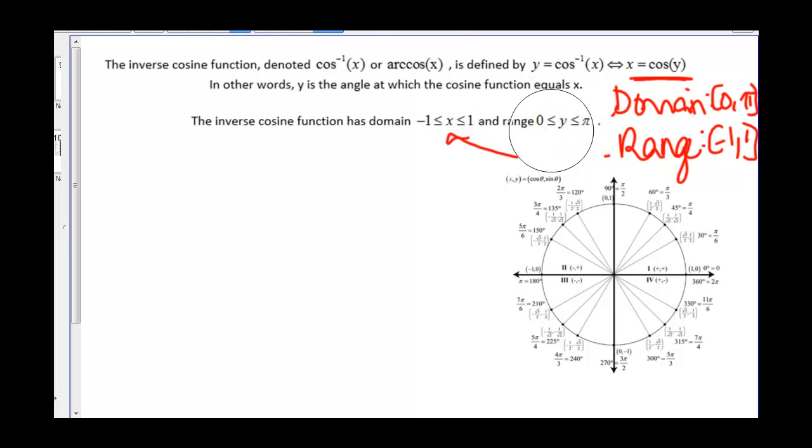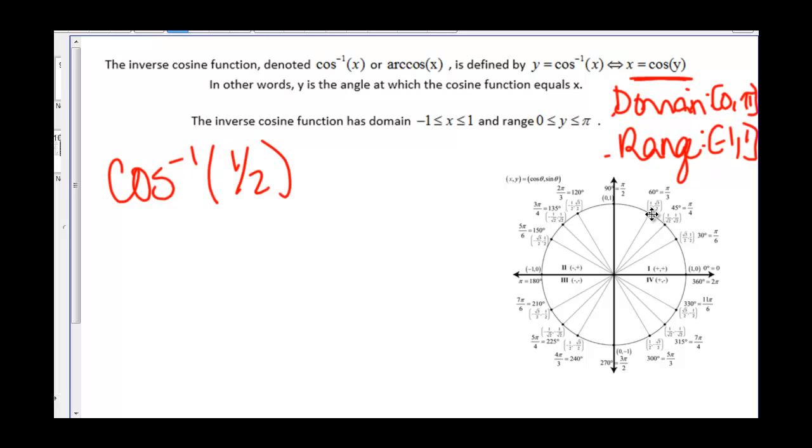Alright, so now let's evaluate. If we have the inverse cosine of 1/2, we see we're looking at 0 to pi, so we're looking up here. 1/2 occurs at pi over 3.